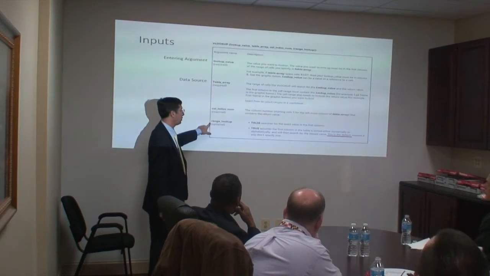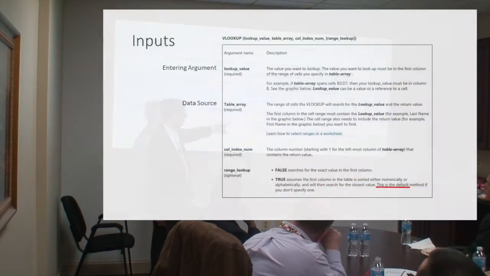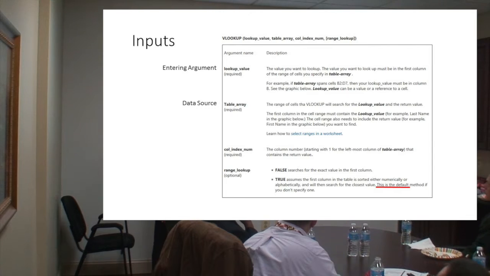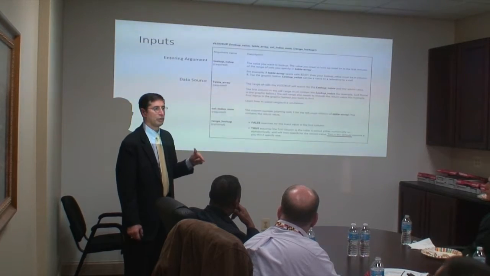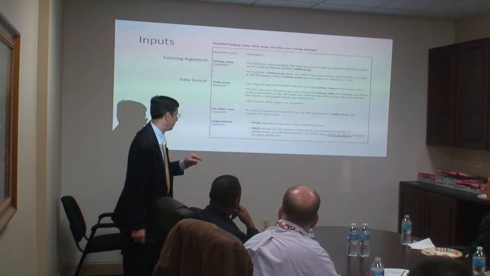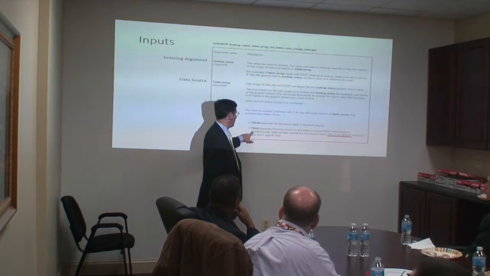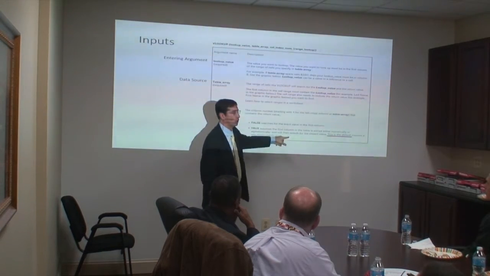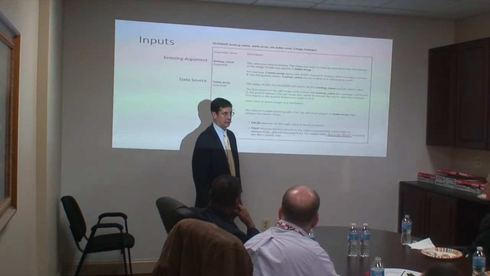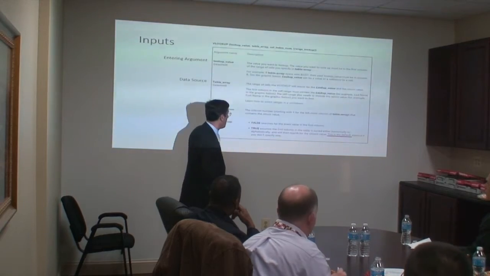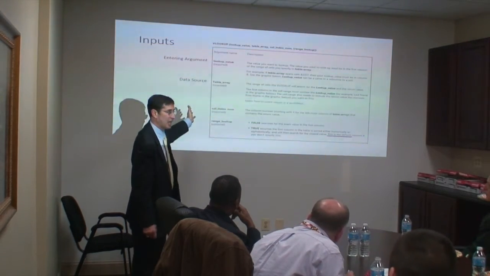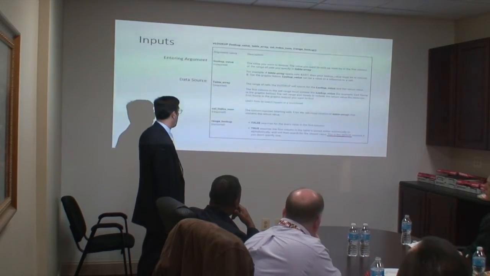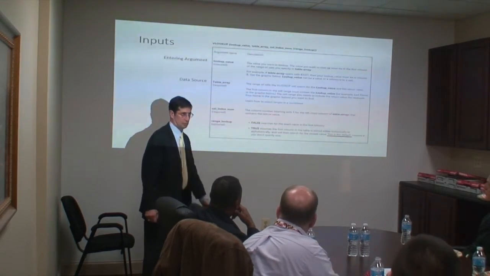It's called range lookup. It has 2 values. It can be false or true. True is the default value. True should not be the default value, because if you use true, it doesn't always return the right value. It searches for the closest value. So in my case, when I didn't recognize how this worked, and I was building that example, I just left it out because it's optional.